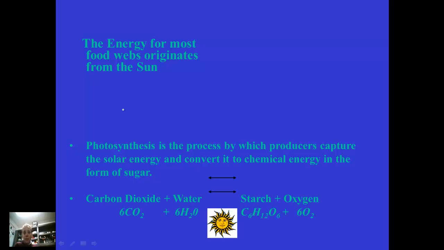So this chemical equation should look familiar to you after learning about photosynthesis in the climate unit. Carbon dioxide plus water in the presence of sunlight is converted to glucose, in the form of sugar, and oxygen inside of plants.